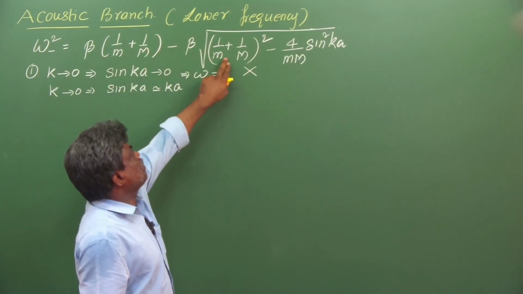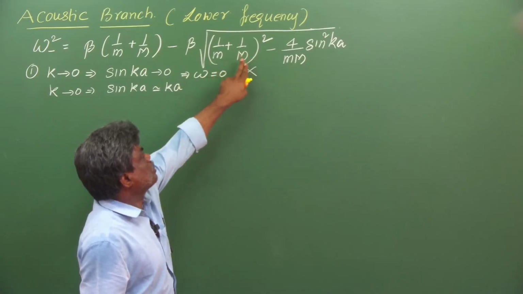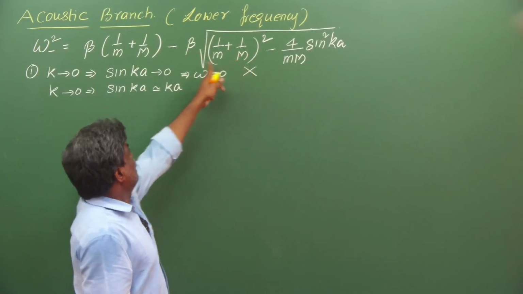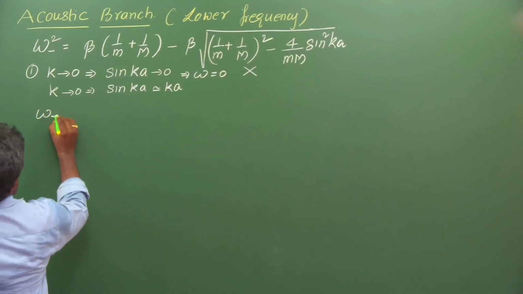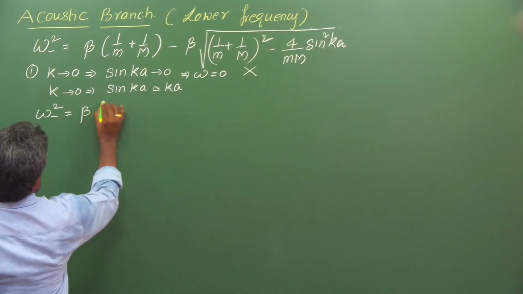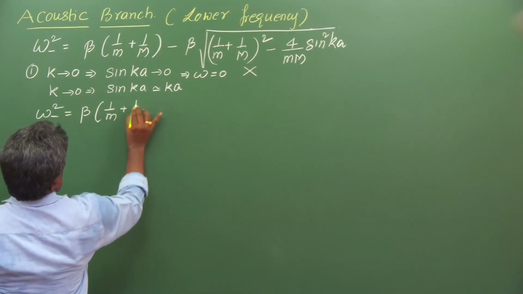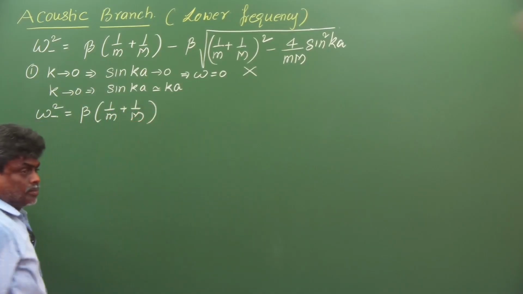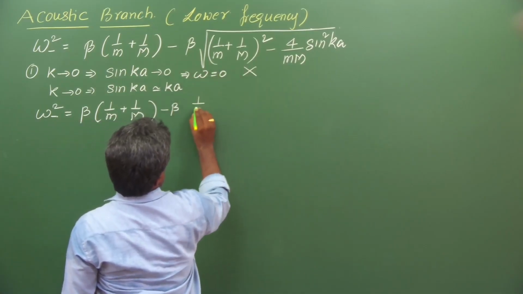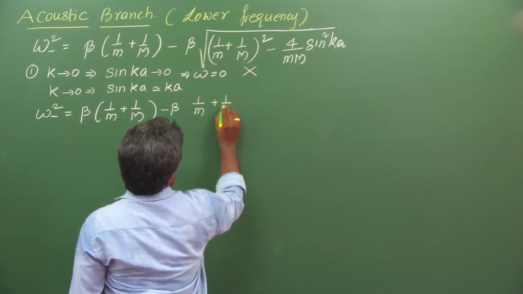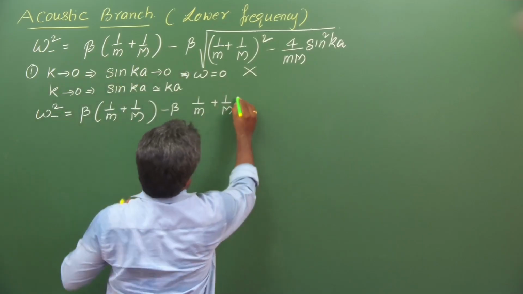First bring this 1 by small m plus 1 by capital M whole square out, and take common. Minus beta, just bringing outside. Don't copy letter to letter without knowing this, no use at all.